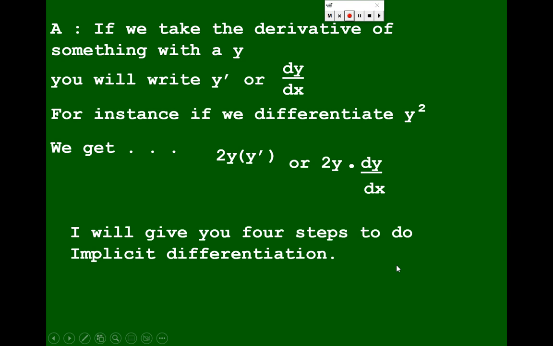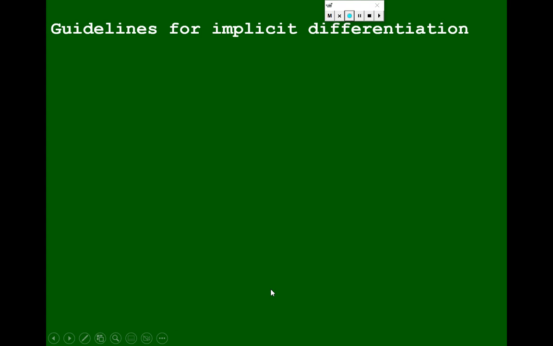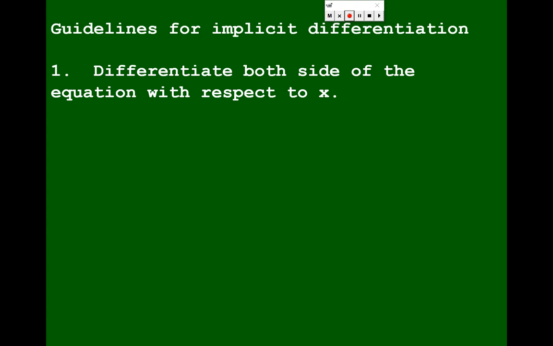I will give you 4 steps to do implicit differentiation. These 4 steps, you don't have to strictly stick to them. You can combine some of the steps. However, by combining some of the steps, you're still doing all 4 steps. Here we go. Guidelines for implicit differentiation. Step 1: differentiate both sides of the equation with respect to x.